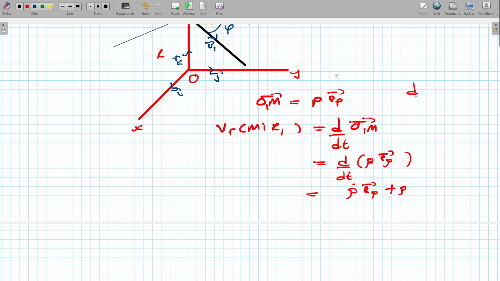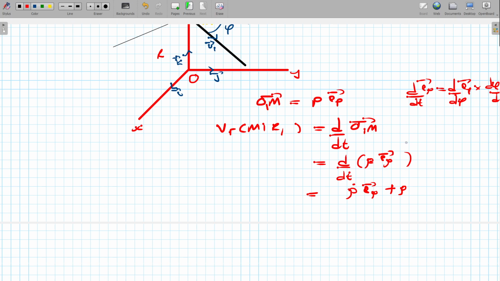So the derivative of E rho with respect to time, let me remind you one more time, is going to be equal to the derivative with respect to phi of E rho, multiplied by the derivative of phi with respect to time. We've not changed anything here.